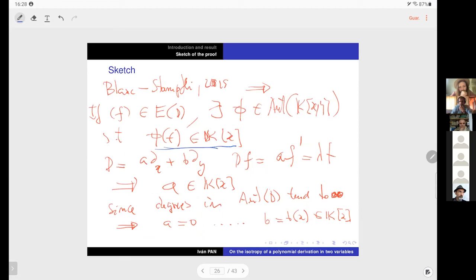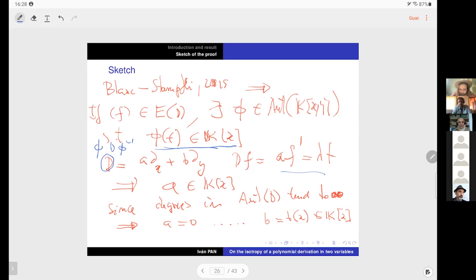So you say d of f is a f prime because you are assuming that f is a polynomial in one variable. Yes. Or do you mean d of phi of f? Or excuse me. Yes. You are right. No, in fact, yes. Okay. Here is at least of d is phi minus 1. D is the conjugation.